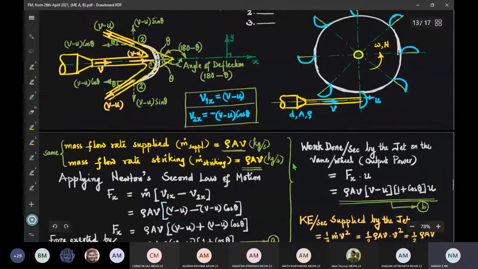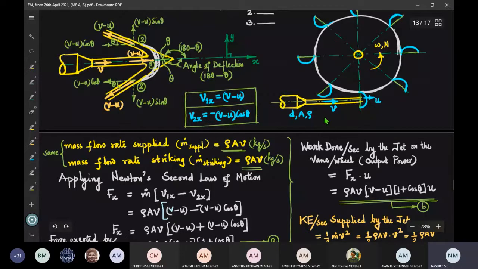Just like we considered in the case of a series of flat vanes fitted on the wheel, here also the mass flow rate of the jet striking the curved vane is the same as the mass flow rate supplied. Mass flow rate striking is the same as the mass flow rate supplied, because when the jet strikes one vane and that moves away, the next vane immediately takes its position.